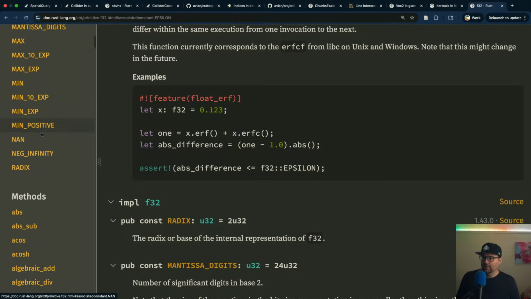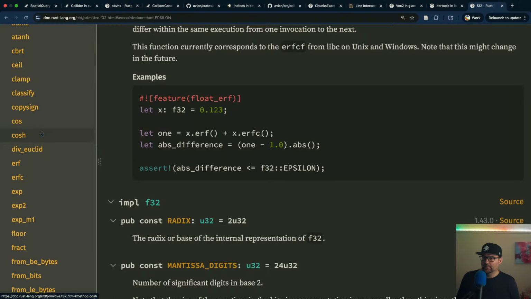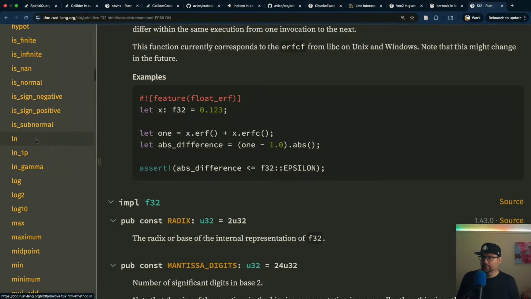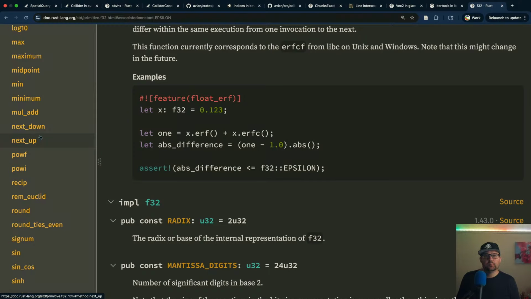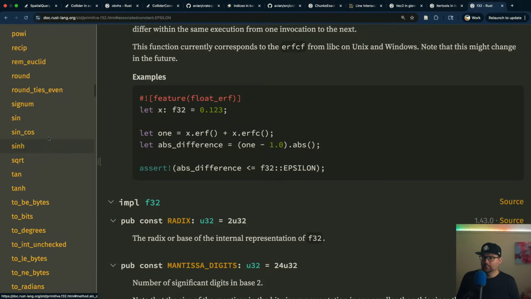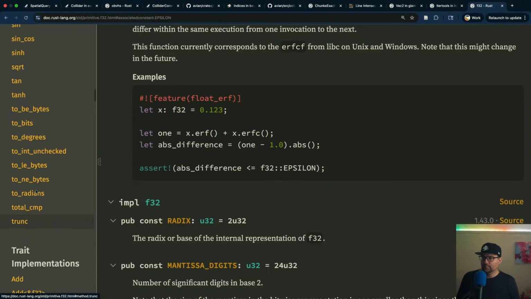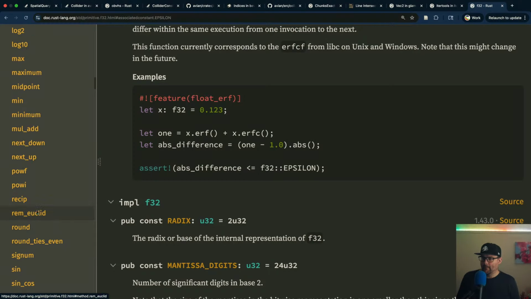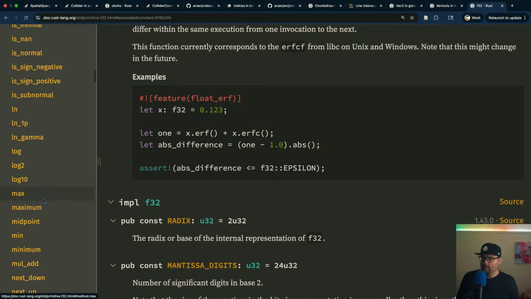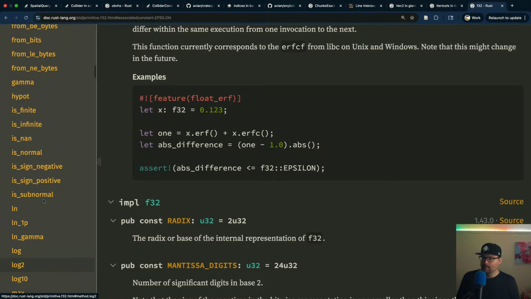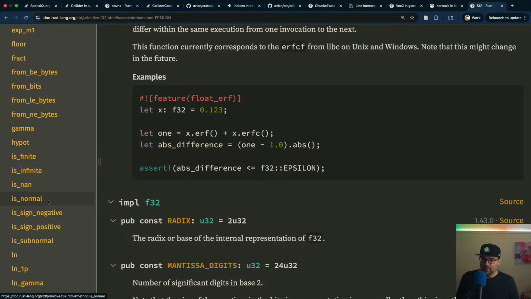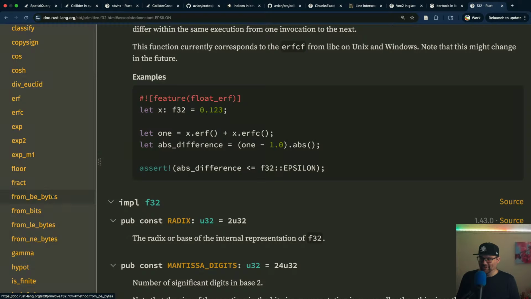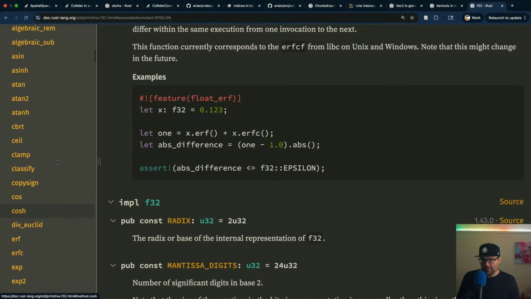Mantissa, epsilon, infinity. Again, this is where my math fails me a little bit. I don't have to just do plus epsilon and greater than, less than, right? There's going to be a function here to check within epsilon.